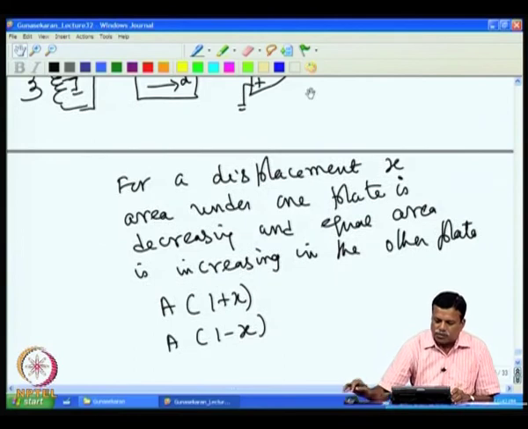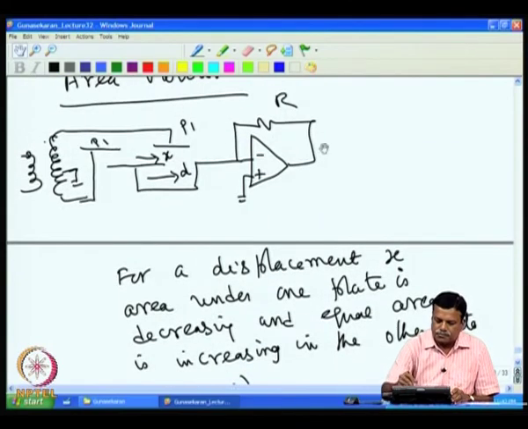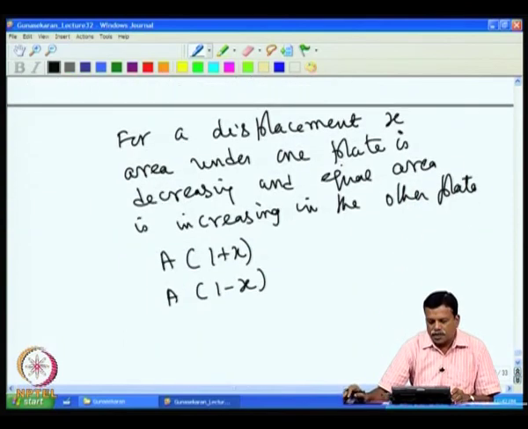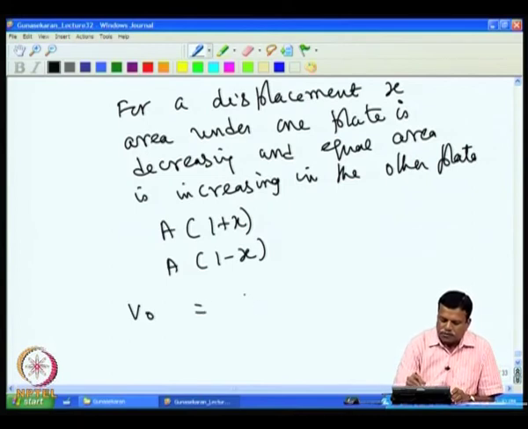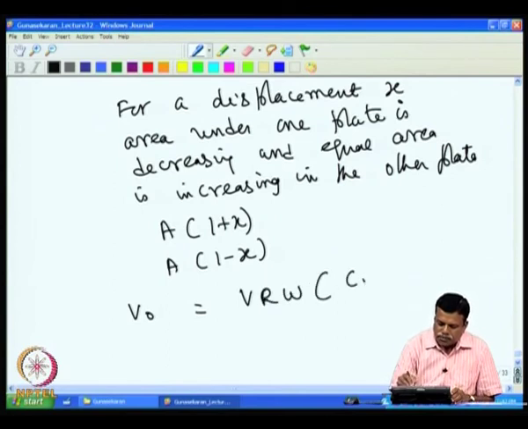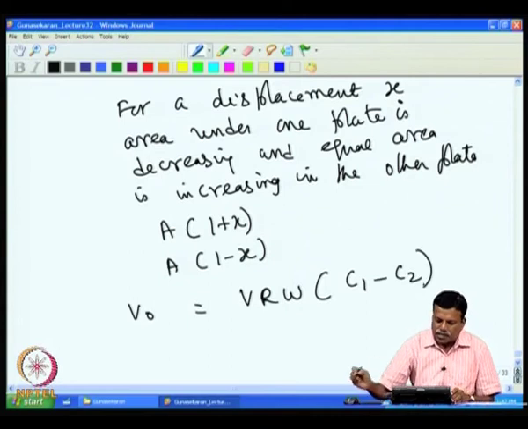So, if we see the output voltage V naught here, that actually will be the resultant of this one. So, V R omega into C1 minus C2 is what you will get as the output.